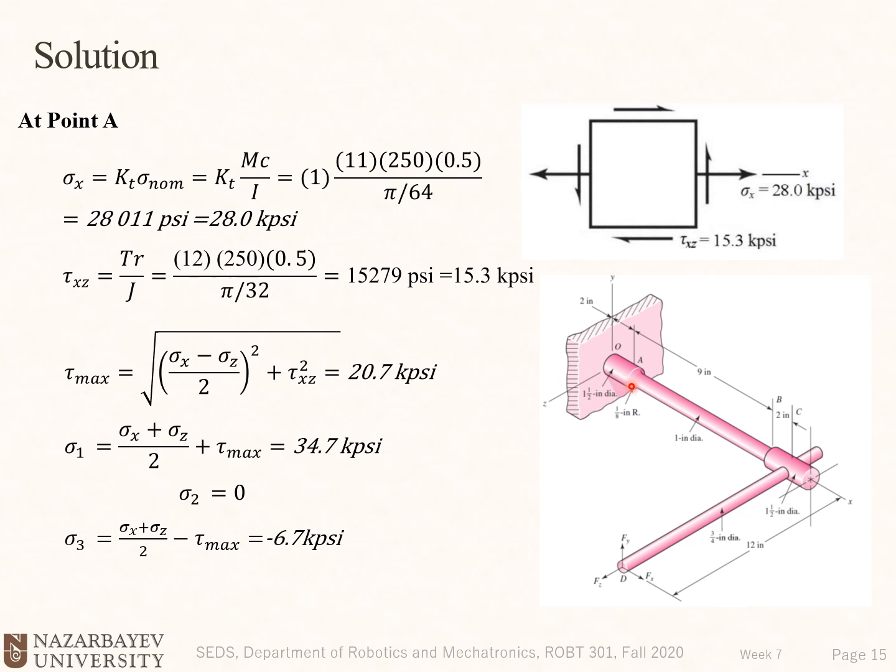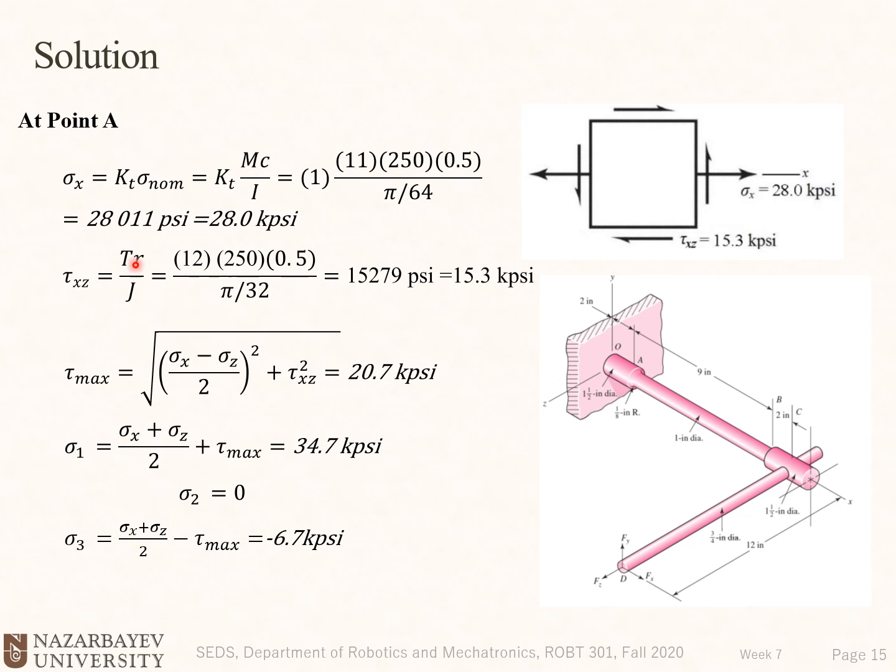But for the ductile material, which is the case in this example, Kt will be equal to 1 because the load also is static. We have mc and I, and we could calculate sigma x.